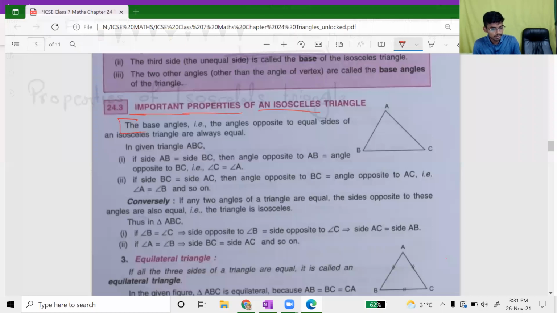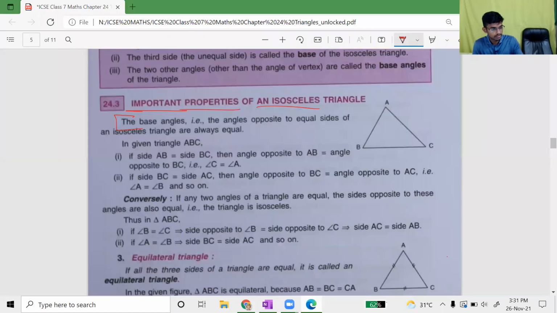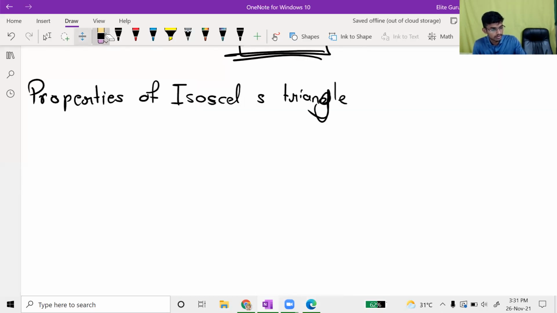You can see it now properly, beta. Yes, sir. I can see it. Draw one triangle.